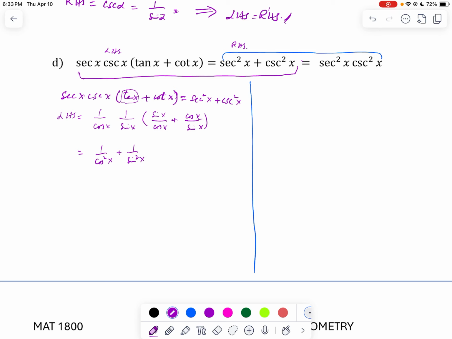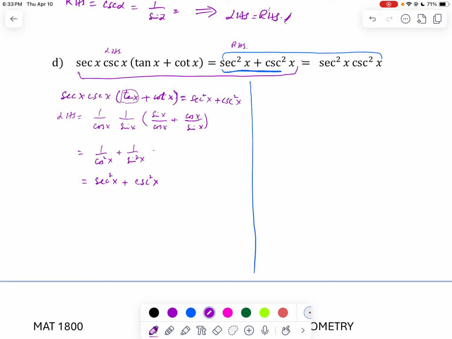Okay. Now, if you look at the right hand side here, when you relate it, then you see this 1 over cosine square x is secant square x, and 1 over sine square x is cosecant square x.